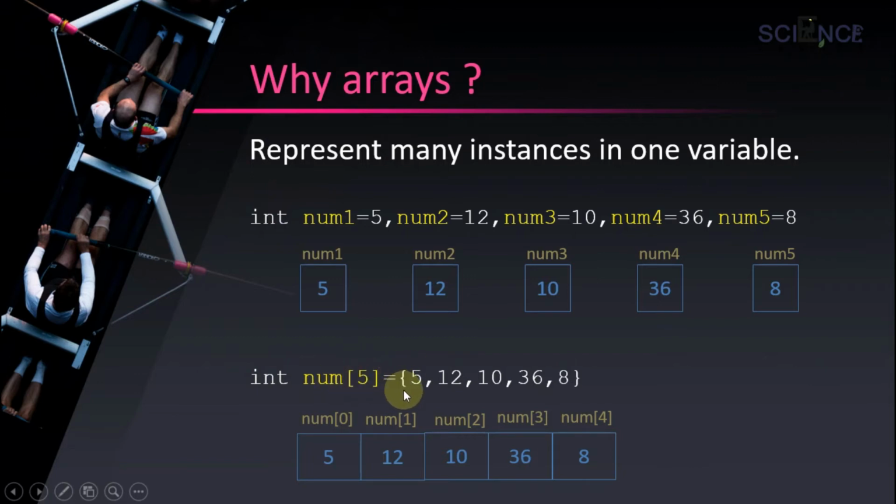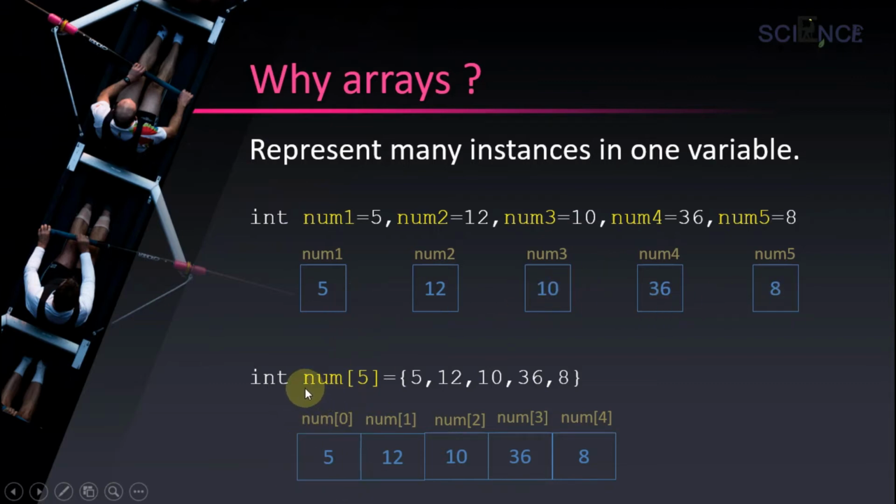So I can assign these 5 values into this array, right? It will look like this, right? I'll explain these things later in detail. For now, get the idea of why we use arrays rather than separate variables.